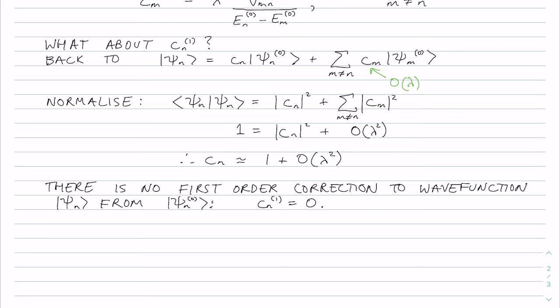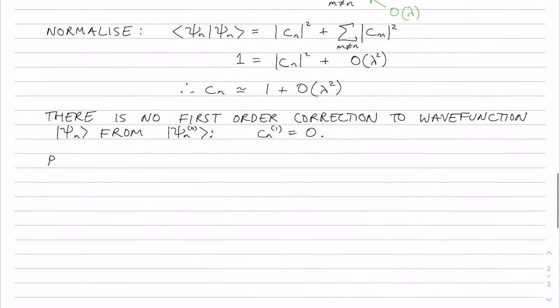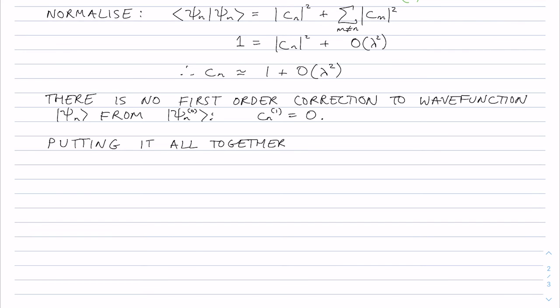So putting all that together, we have lambda psi n1, or let me write that as delta psi 1 as well, you see it both ways, is equal to lambda sum m not equal to n of Vmn over En naught minus Em naught psi m naught. And so that is the first order correction to the wave function.